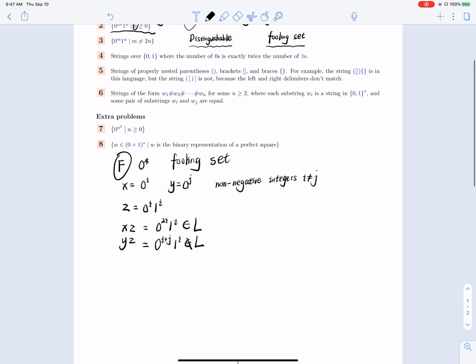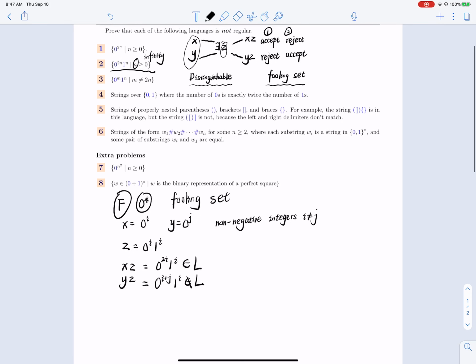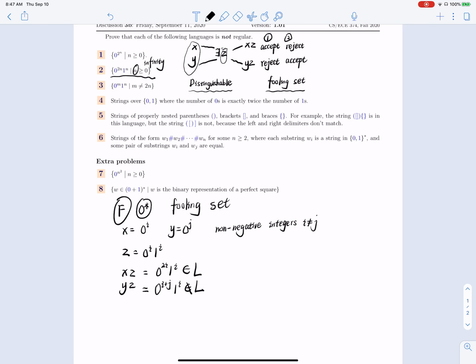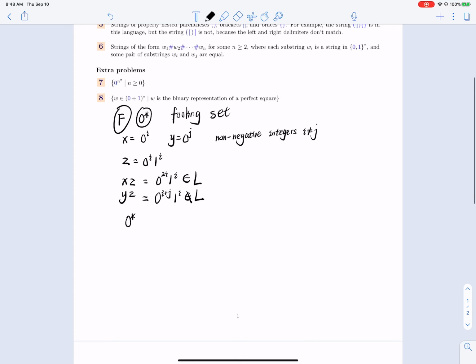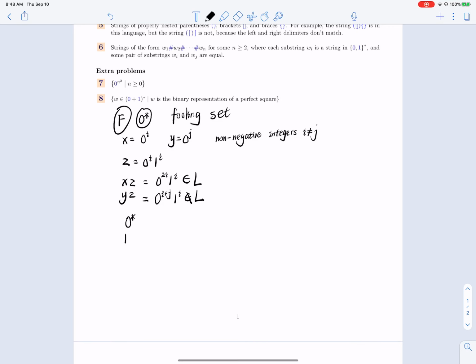Because in this set, if we use 0 star to pick two arbitrary strings like x and y, we can find a corresponding z that satisfies the requirement: only one of xz and yz will be accepted. So this is the fooling set, and you can see this fooling set 0 star is infinite.